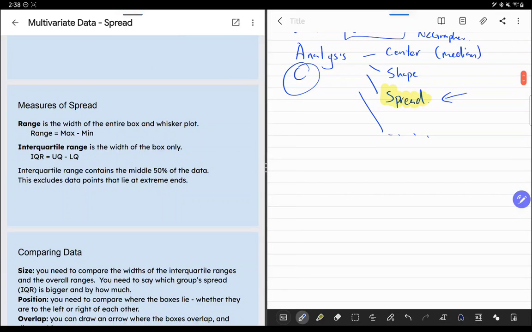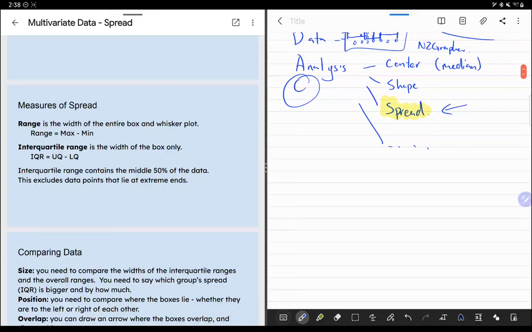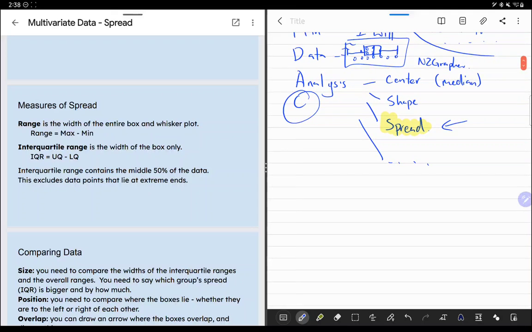Now, there are 2 common measures of spread that we're going to use: range and interquartile range. Range just means how far it is from the very lowest point all the way up to the very biggest point in your data.